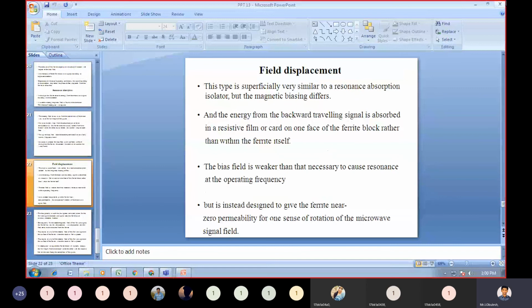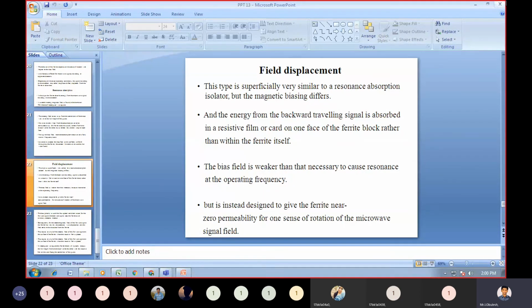And the next one is field displacement, the last one. This type is superficially very similar to a resonance absorption isolator, but the magnetic biasing differs.